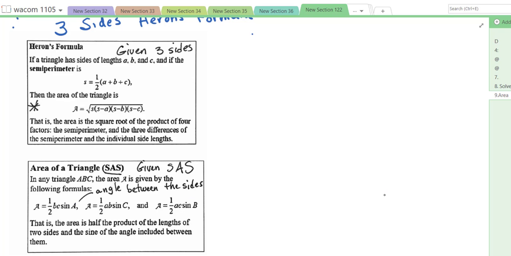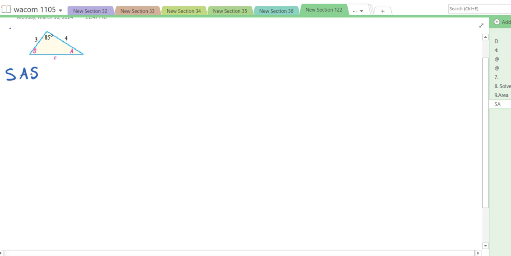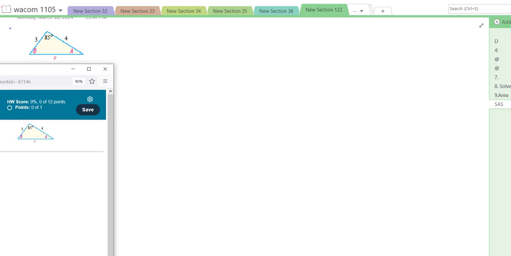All right, so let me get a new screen. And see if I can paste that triangle. Okay, and so here I have side angle side. And so it will be not Heron's formula, but the other one.